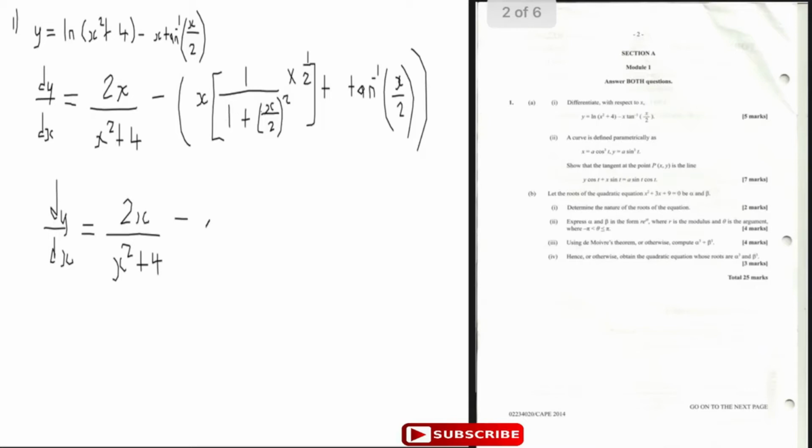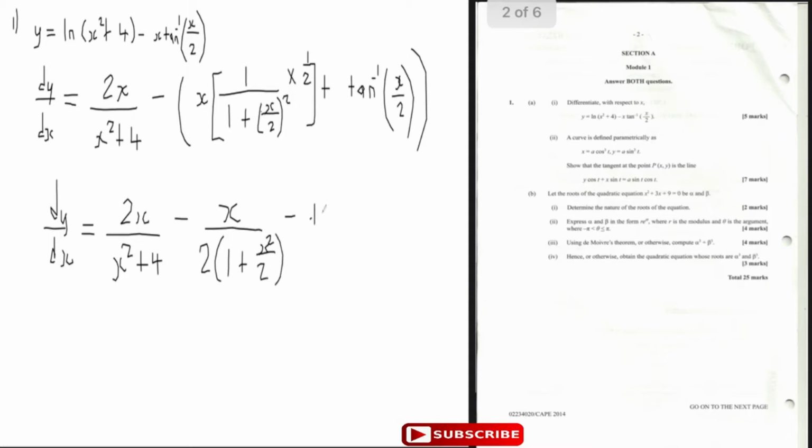All right, so just to pretty it up, the 2 can go in the denominator, the x comes in the numerator, so it becomes minus x over 2 times (1 plus x squared over 2), minus tan inverse (x over 2).